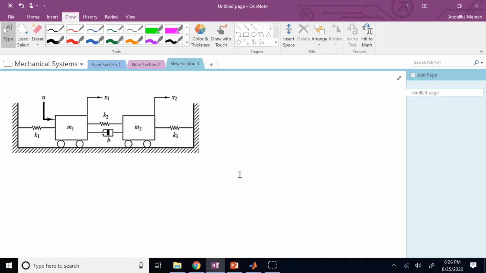You call them x1 and x2, so 2 degrees of freedom. And there is an external force u that is applied only to mass m1. So the system has 2 outputs, x1 and x2, and 1 input, right? So this one is the input, and these 2 are the outputs.